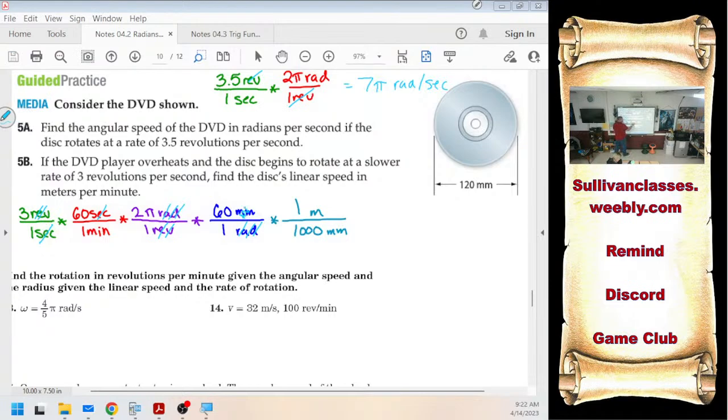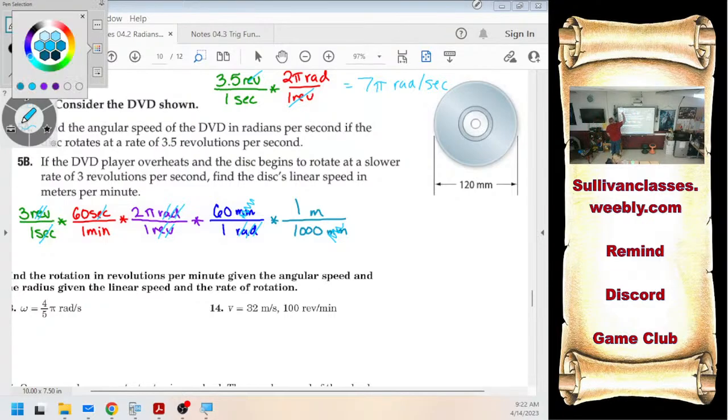What I'll usually do is I'll switch over to squiggles. Do like 1, 2, and 3 lines, 1, 2, and 3 squiggles. I do that so that I can see exactly where it canceled. So, let's see what we got here.